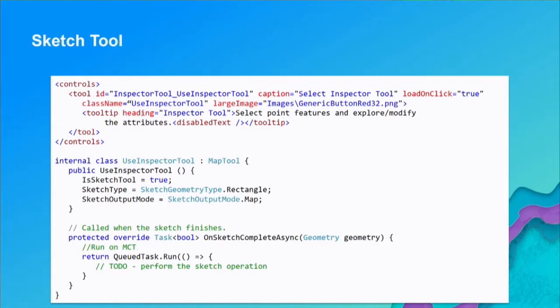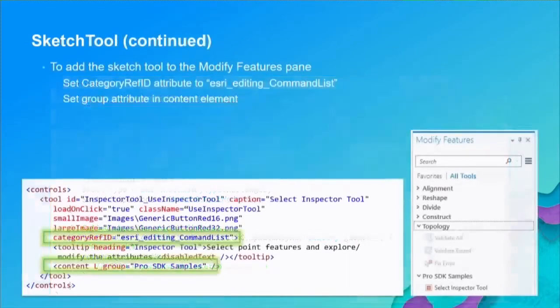So with going through this construction tool experience, the sketch tool is fairly similar. We're setting up our interactive sketching environment. In this case, we're using a rectangle. And then on the sketch complete, we can change attributes or change the geometry on this one.